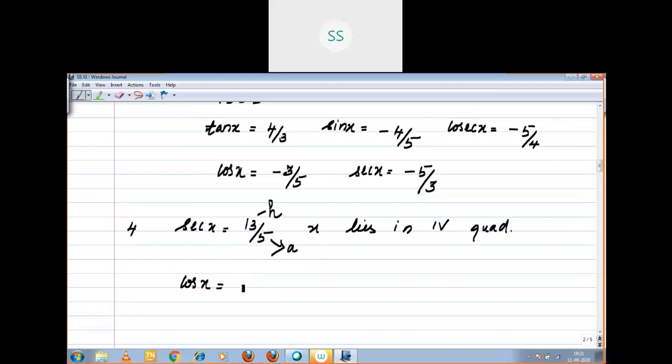Reciprocal of this, that you can write easily. 5 by 13. These two alone are positive in the fourth quadrant. The rest of the remaining functions come under negative. Right. This is also a Pythagorean triplet. What is your opposite? 13 square minus 5 square.